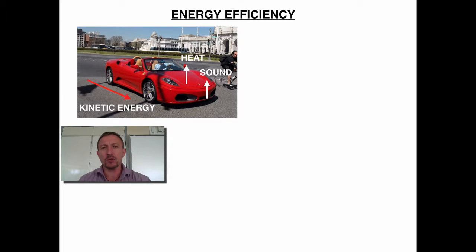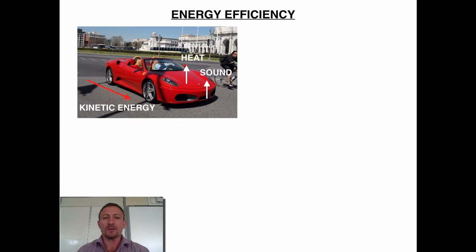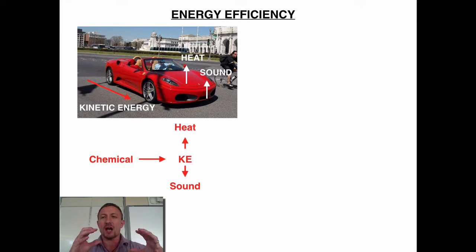Now unfortunately, this car is not 100% efficient because it gives off other energies. The other energies come in the form of heat and sound. So we can build up an energy flow diagram similar to the one below. We start off with our chemical energy. It can produce our desired effect, kinetic energy, but we are also going to get heat energy and sound energy.